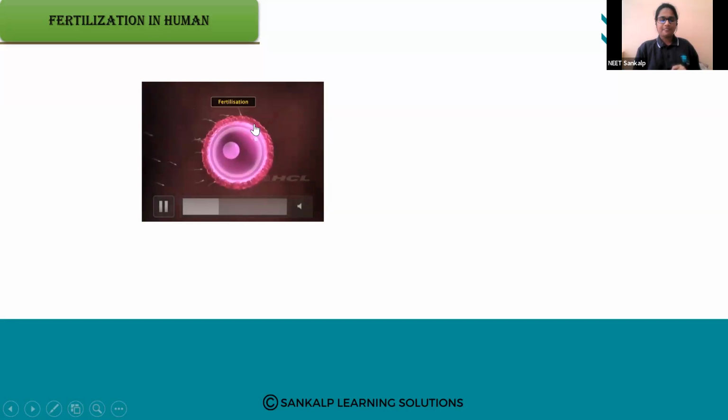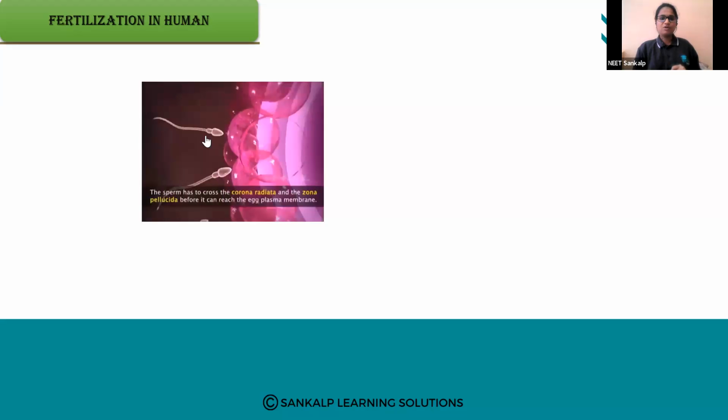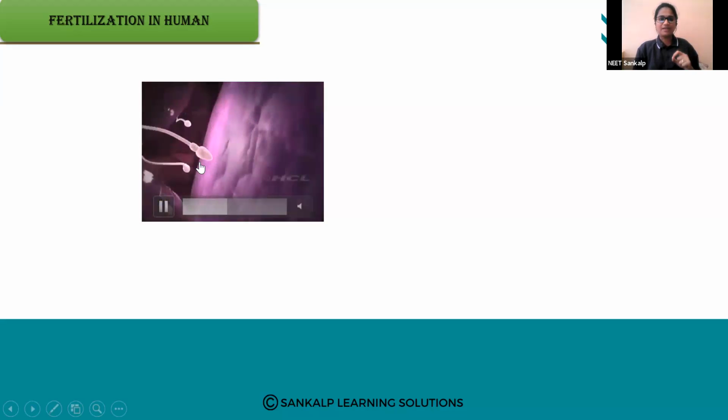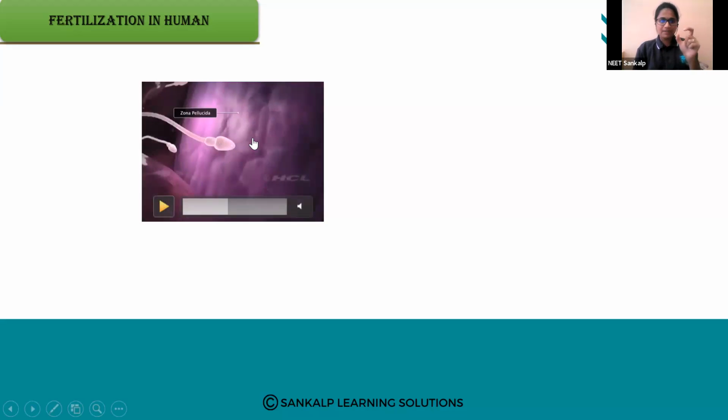Here you can see the sperm has to cross the corona radiata and the zona pellucida. When any sperm touches this zona pellucida layer, that sperm will undergo physiological changes.